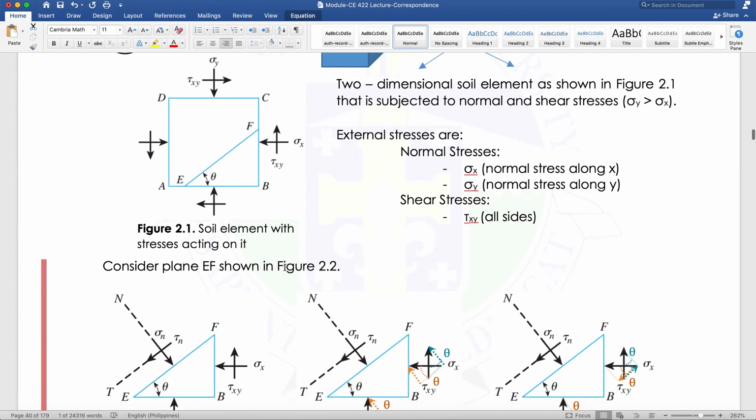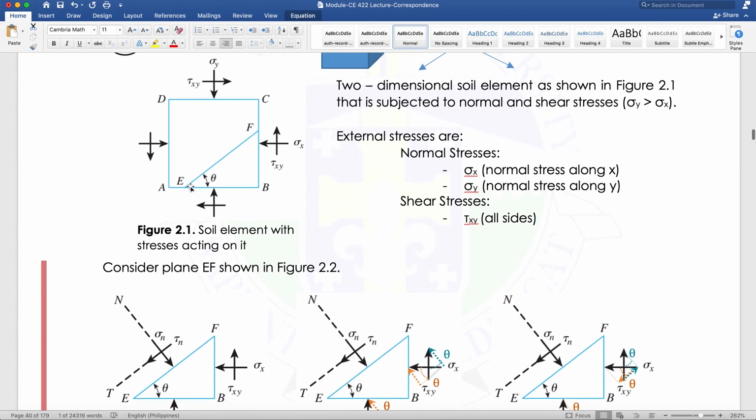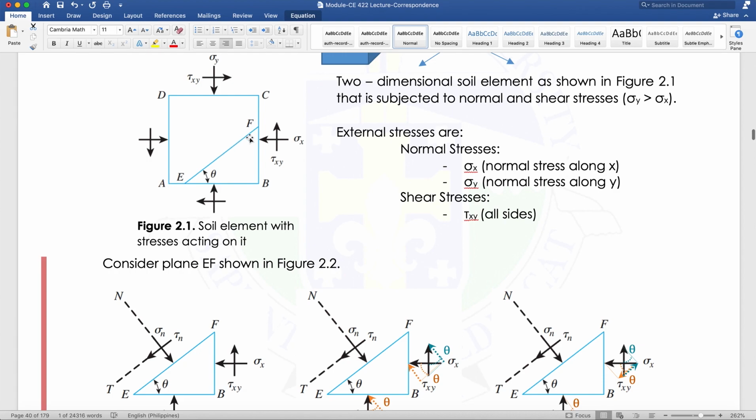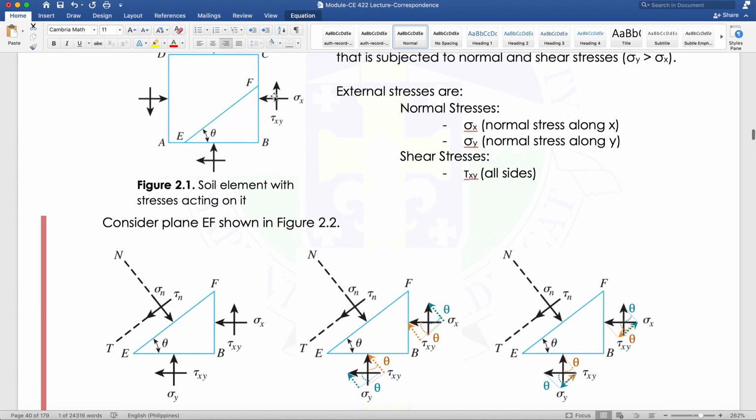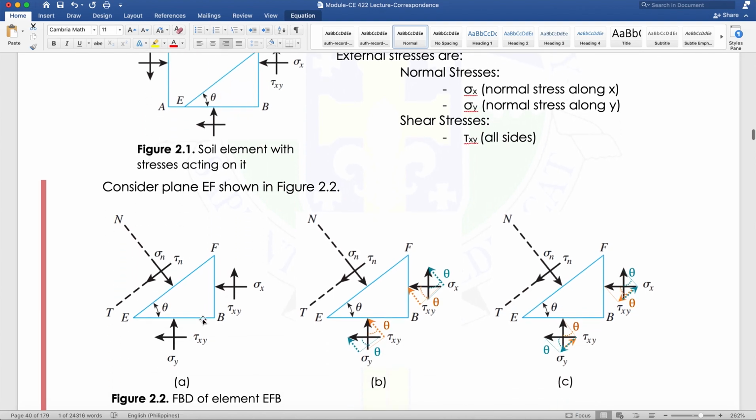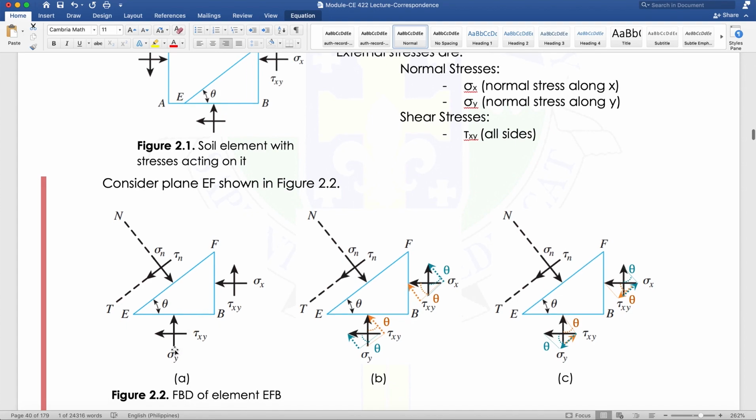Now, if we are to consider the plane EF shown, we redraw that, and it would look like this. We have the normal stress along the y-axis, normal stress along the x-axis, and the shear stress xy. With respect to the plane EF, we have here the normal force. We also have here the tangential force.